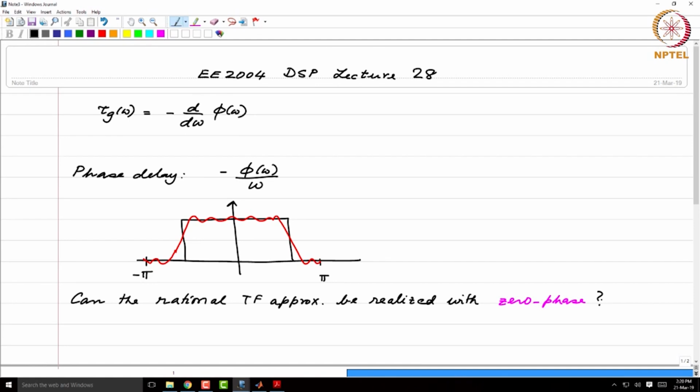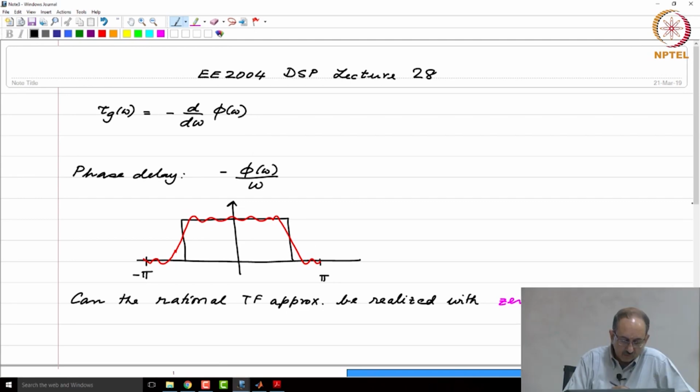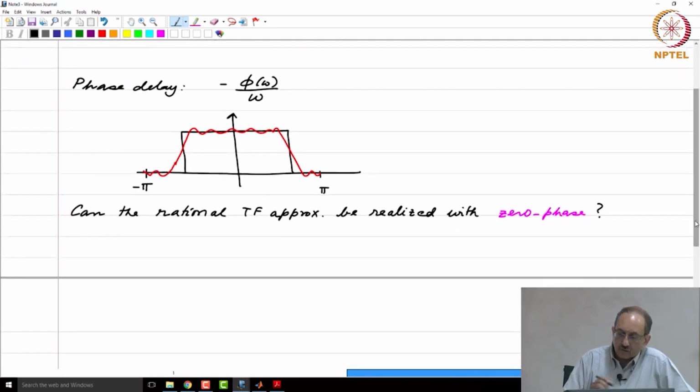The reason why we are asking this question is, if the phase were 0, then your group delay will be 0. Therefore, whatever delay or distortion that arises out of group delay will not be present. Therefore, it will be nice to have a frequency transfer function with 0 phase, so that you do not have to worry about phase response affecting your output.